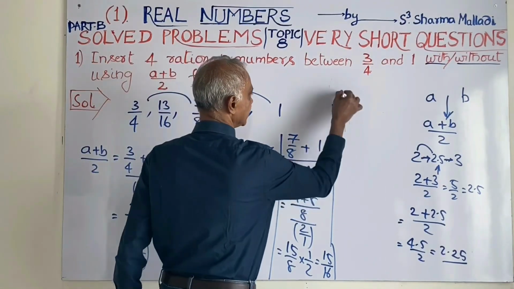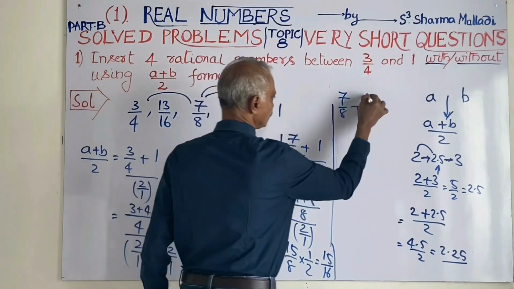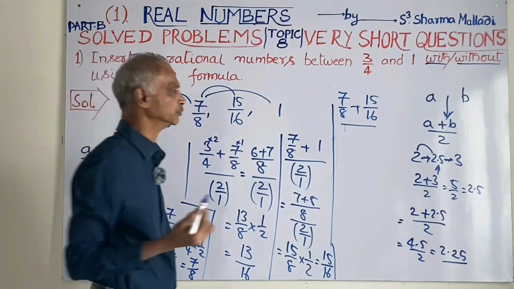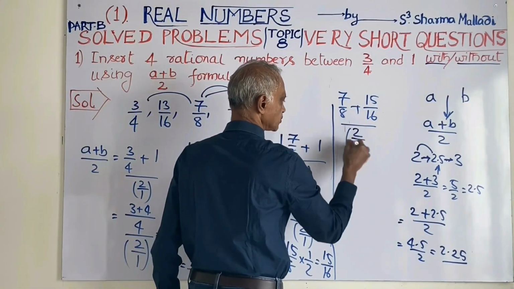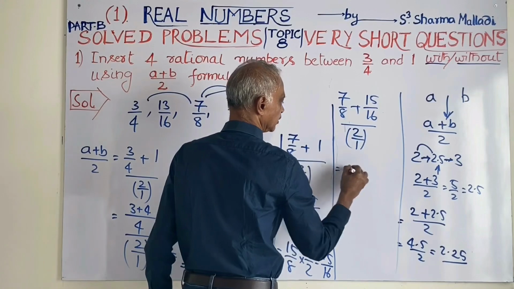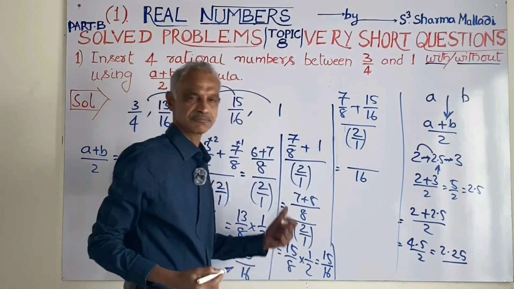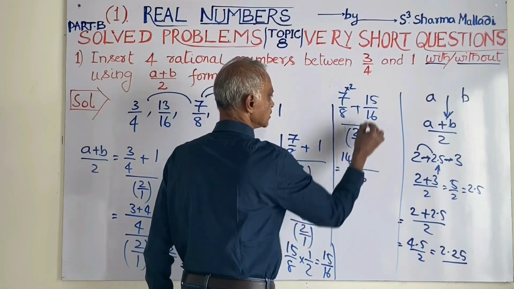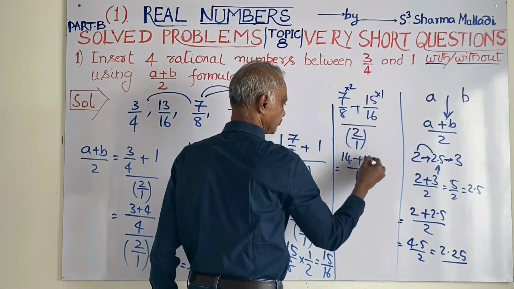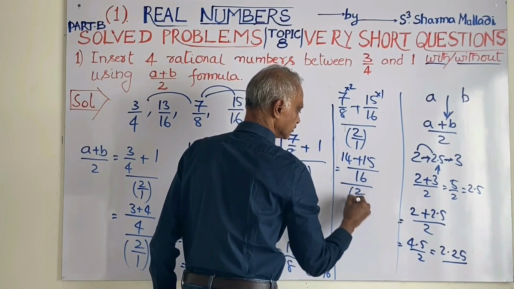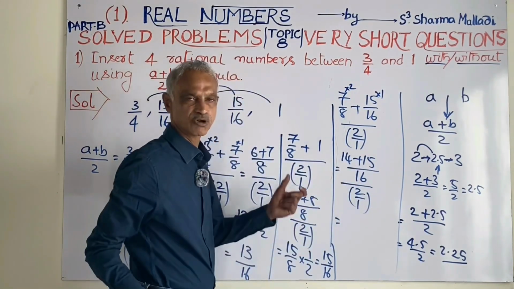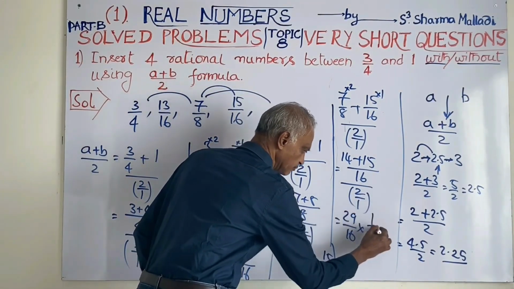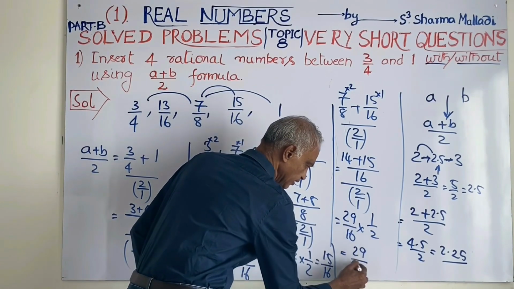Take 7 by 8 plus 15 by 16, by 2, using the a plus b by 2 formula. 16 is the LCM, so we multiply 7 by 2, giving 14, plus 15, which is 29, by 16 into 1 by 2, that is 29 by 32.